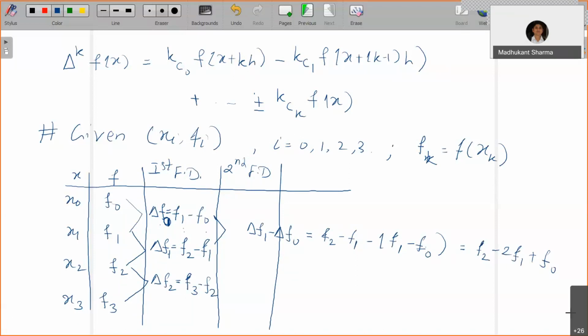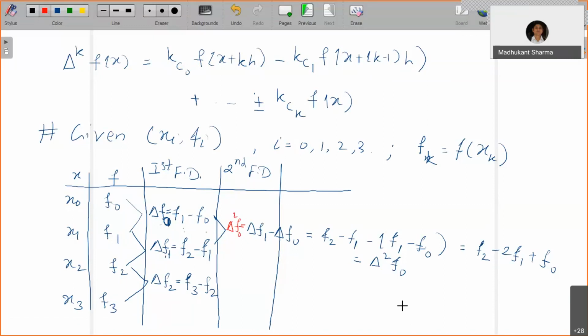And if you recall, this is nothing but delta square f naught. So the second forward difference, delta f1 minus delta f naught, is nothing but delta square f naught. That's what we have just verified.